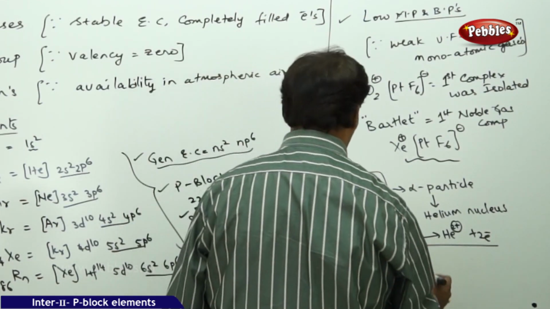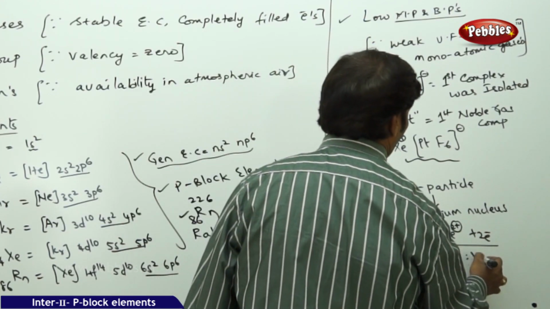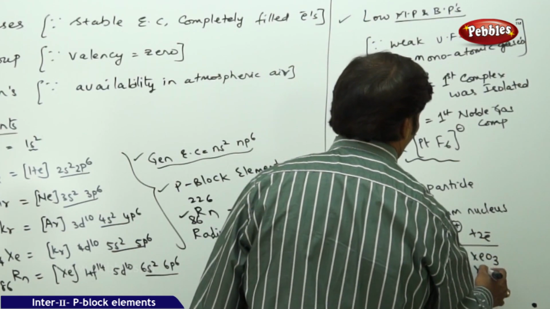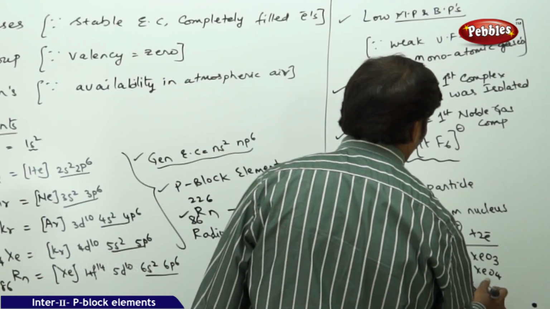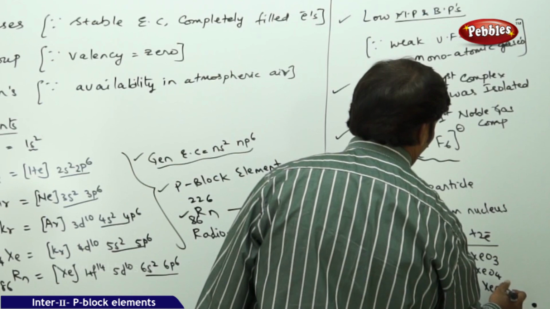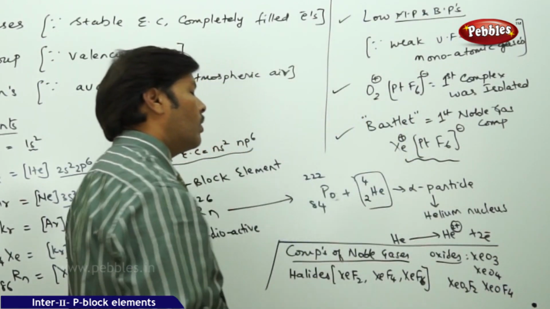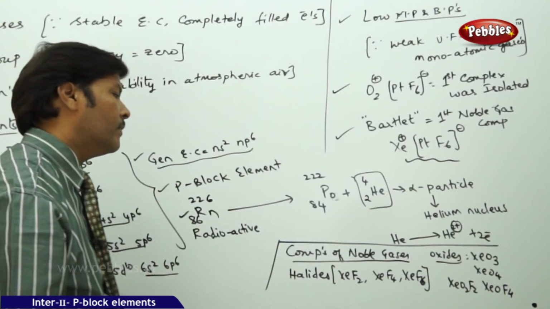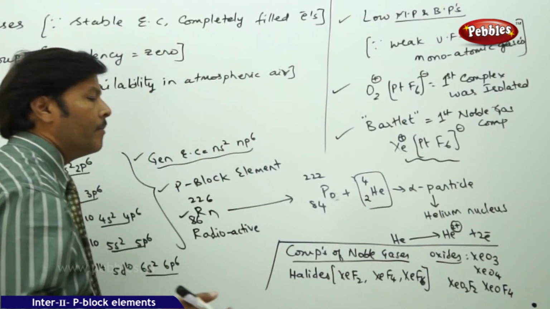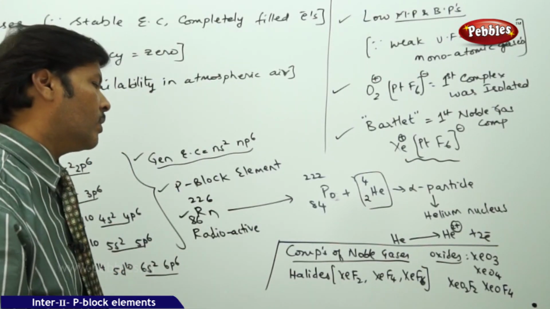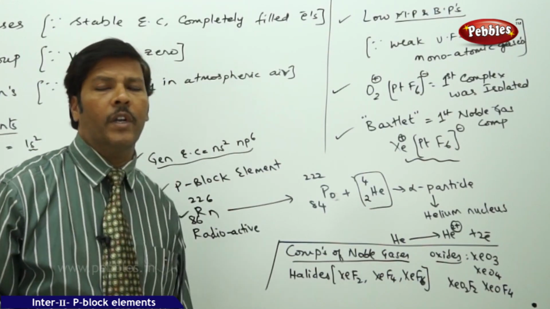In the case of oxides, we have XeO3, XeO4, XeO2F2, XeOF4, and so on. These are the different oxides and halides of xenon. Now let us study the internal structures of xenon difluoride, xenon tetrafluoride and xenon hexafluoride.